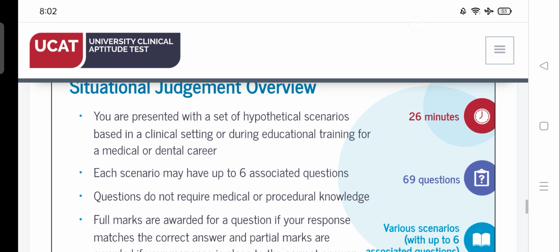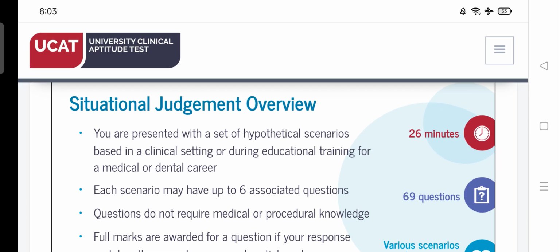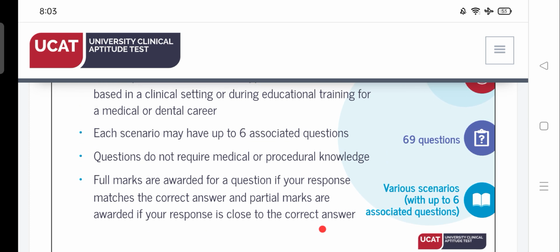So in that section, hypothetical scenarios will be provided and you have to judge the right answer, conclude your appropriate option. And each scenario will be associated with 6 questions. They are not standalone, they are associated with each scenario.